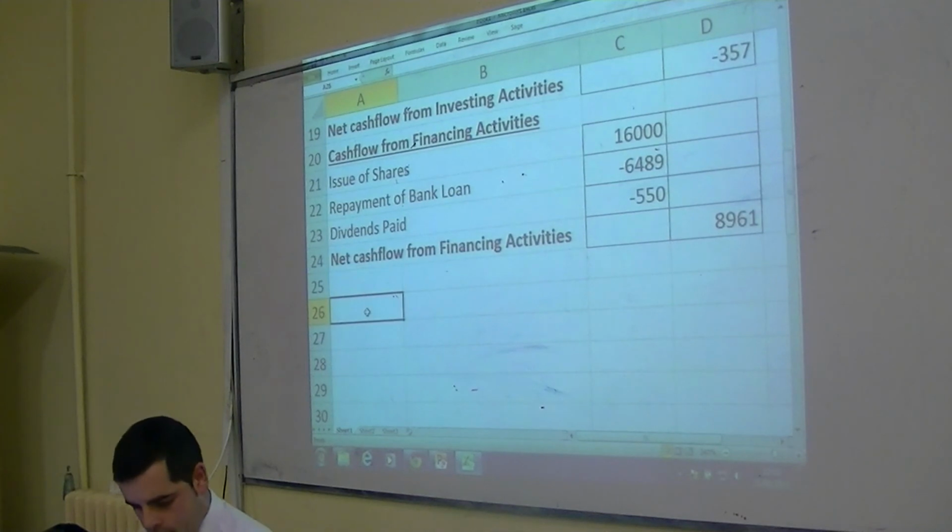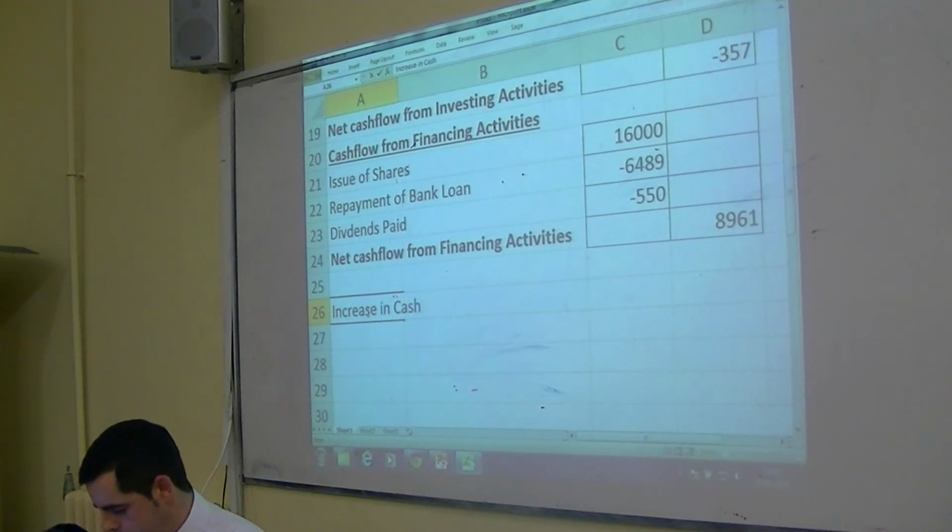So overall then we're looking for an increase or decrease in cash. I think it's going to be an increase in cash and cash equivalents. So we have three main headings there.